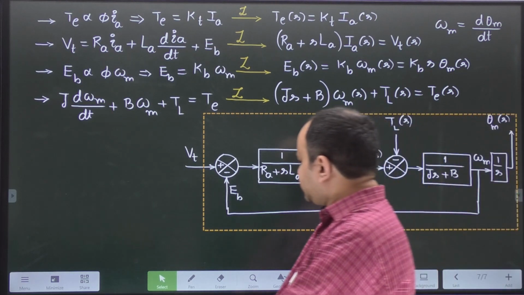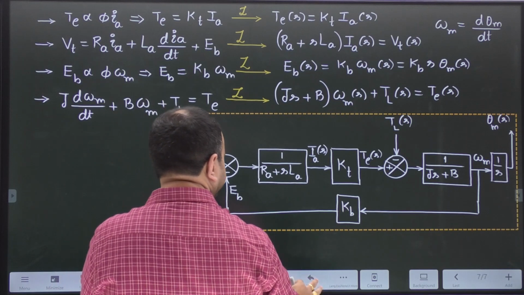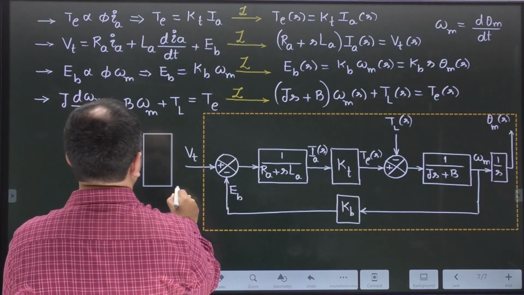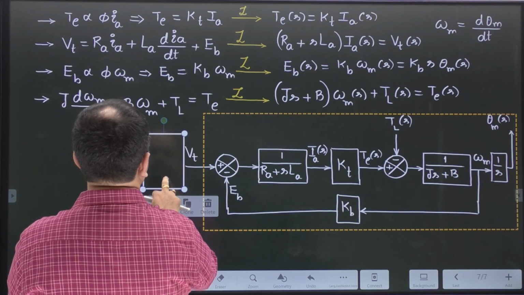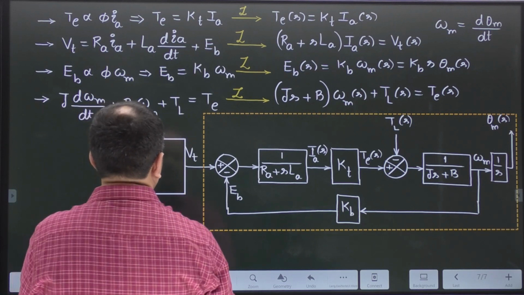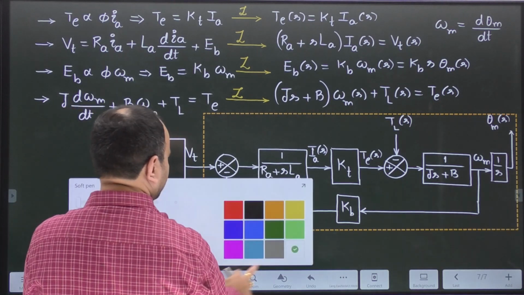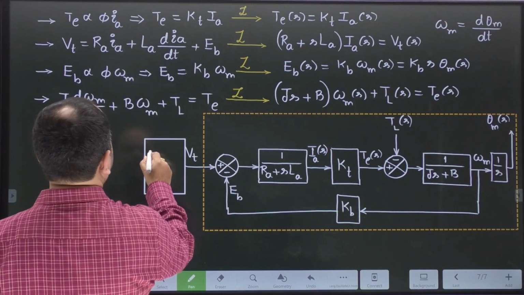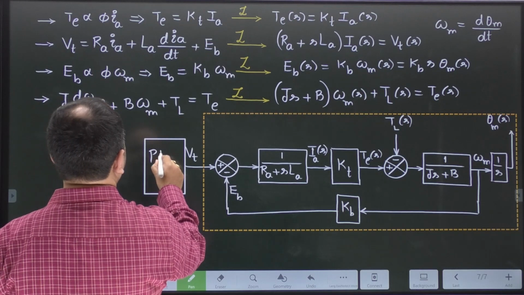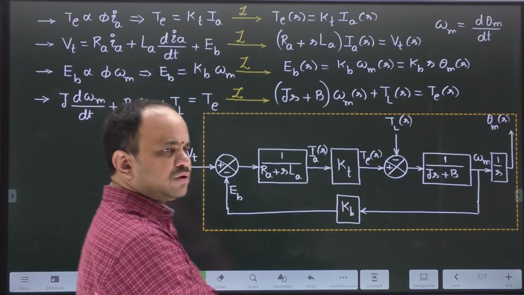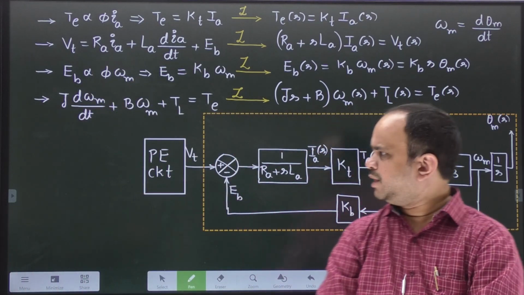So what is the point that we need to understand here? Which circuit will provide this VT, this terminal voltage? This is a power electronic circuit, or you can also say a power electronic converter.